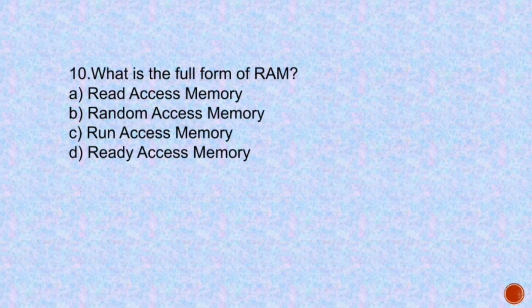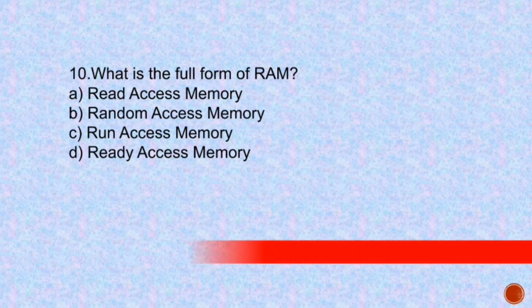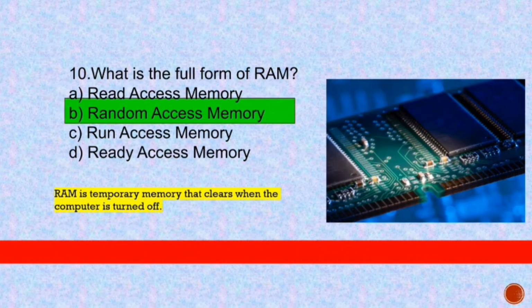Question number 10 is, what is the full form of RAM? Okay, what the RAM is? If you know what the RAM is, then you can answer it very quickly. Random access memory. RAM is a temporary memory that clears when the computer is turned off.